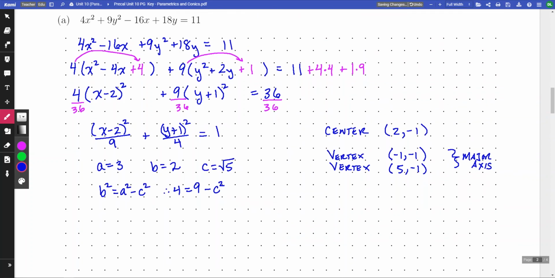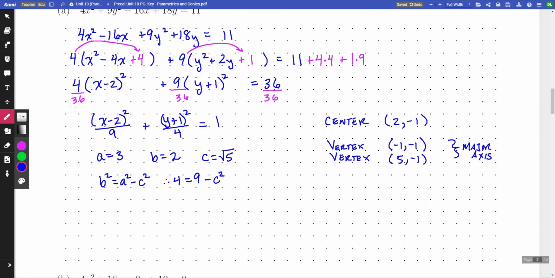Now, along my minor axis, I have vertices as well. Along my minor axis, I notice that the b value is 2, and that's underneath the y.